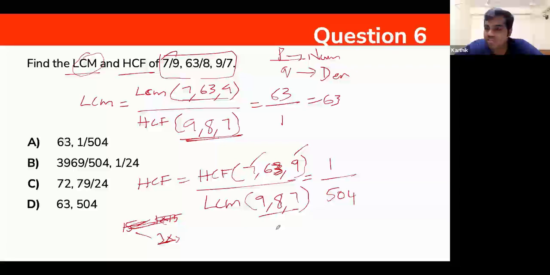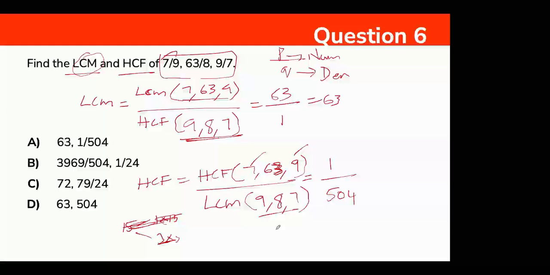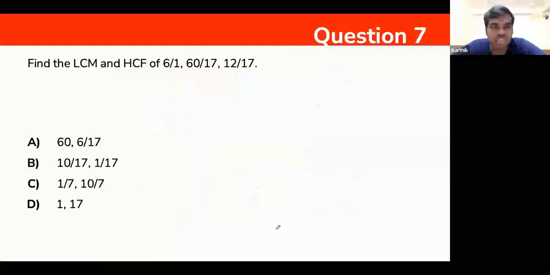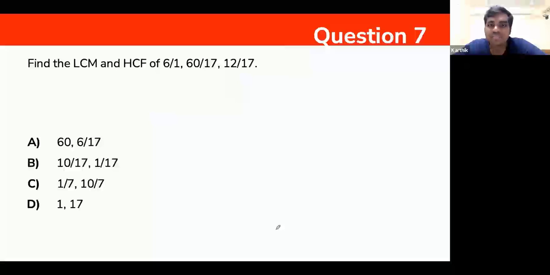Narendra? No, sir. Clear? I'll give you one more question. You are going to try and tell me the answer for this. Try this. I want others to try as well. Find the LCM and HCF of 6 by 1, 6 by 17, 12 by 17.